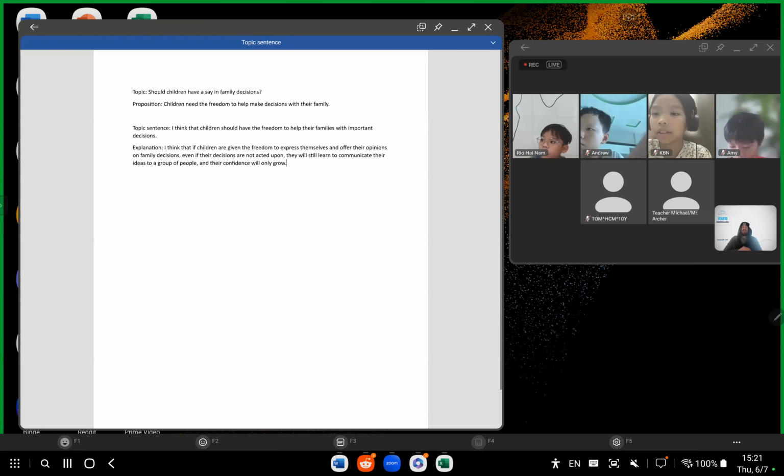So, my first explanation sentence is, I think that if children are given the freedom to express themselves and offer their opinions on family decisions, even if their decisions are not acted upon, they will still learn to communicate their ideas to a group of people, and their confidence will only grow.